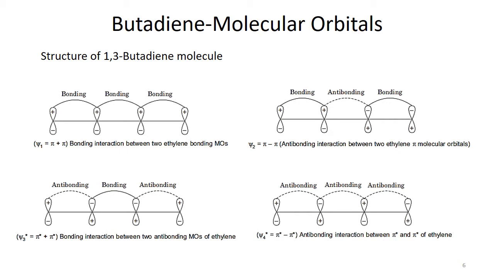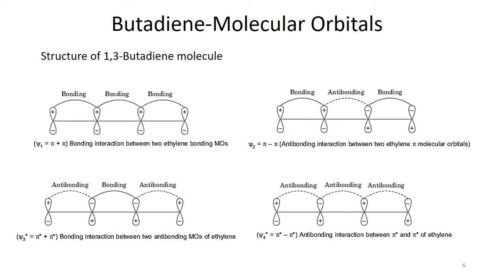Psi 2 has 1 node between C2 and C3. A node is a plane where the wave function drops to zero, and the signs are opposite on either side. The third butadiene molecular orbital, psi 3 star, has two nodes. It is obtained from the bonding interaction between pi star and pi star of two ethylene molecules.